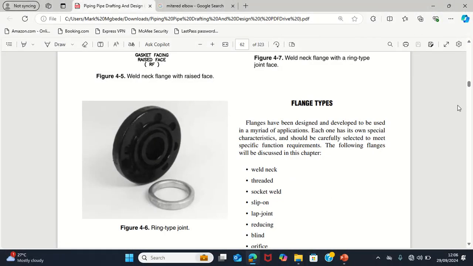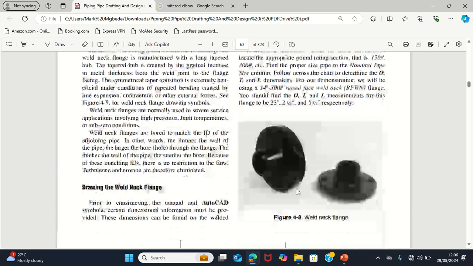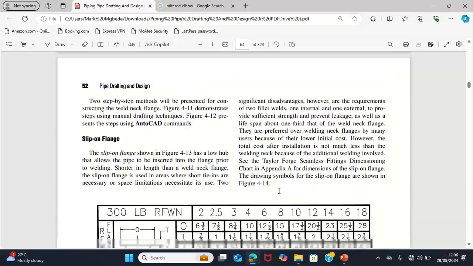Now we have different types of flange, which are the weld neck, the threaded connection, the socket weld, the slip-on flange, the lap joint, the reducing flange, and also the blind and orifice. So let us start with the weld neck flange. This weld neck flange has an extruded back in the form of a neck and a groove that you can weld directly to a pipe.